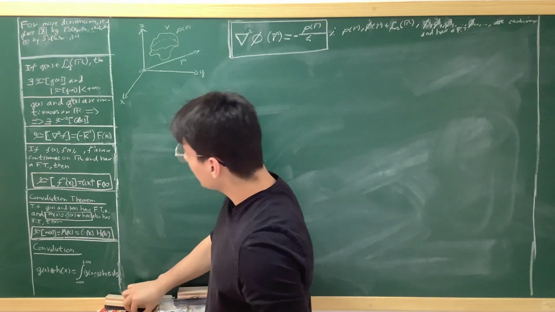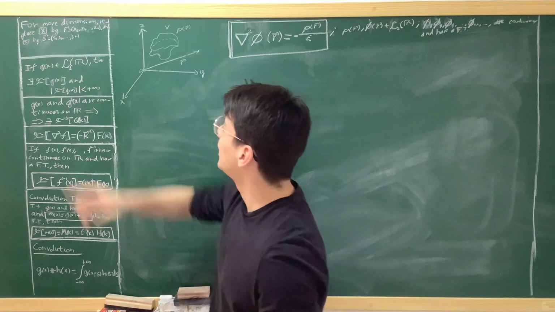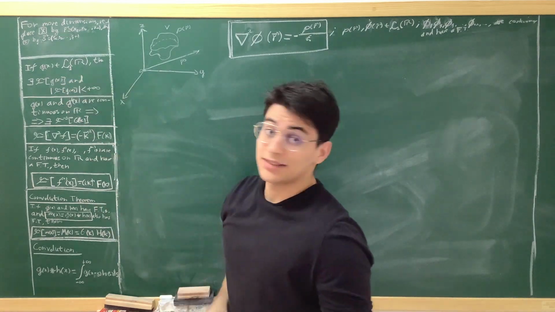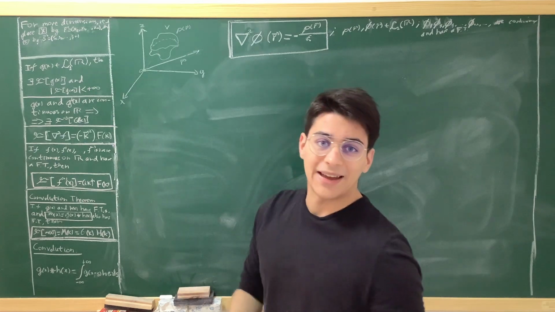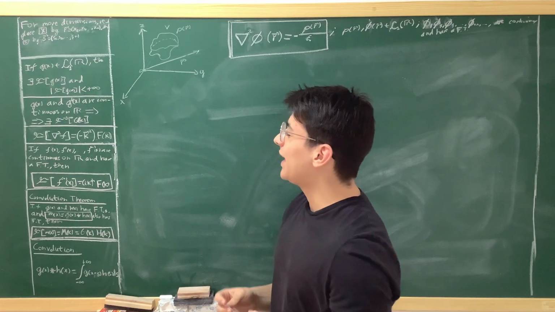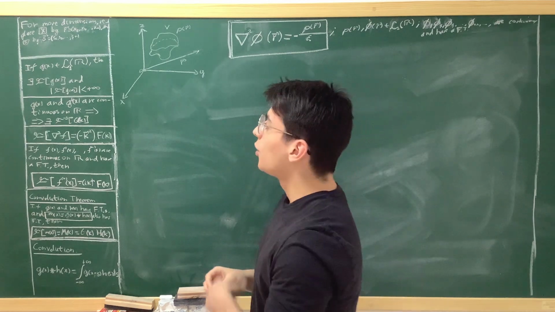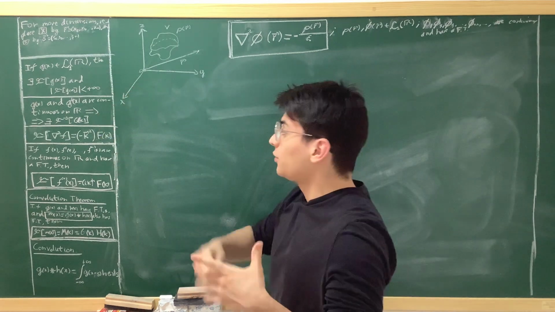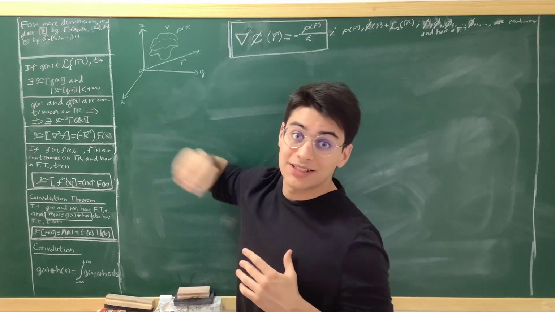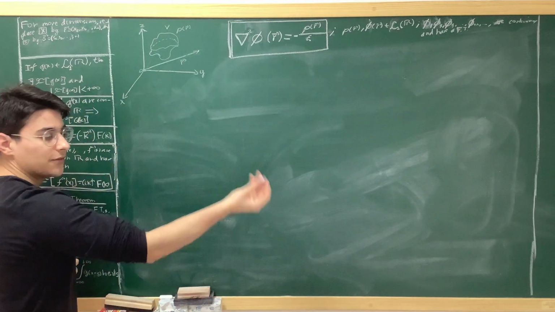In order for a function g of x to belong to this set of functions, which is called the L1 space of functions, or also called the absolute integrable functions, there is really only one property it has to hold. All the functions belonging to this space satisfy this property.